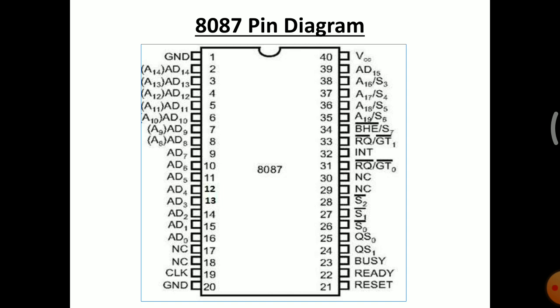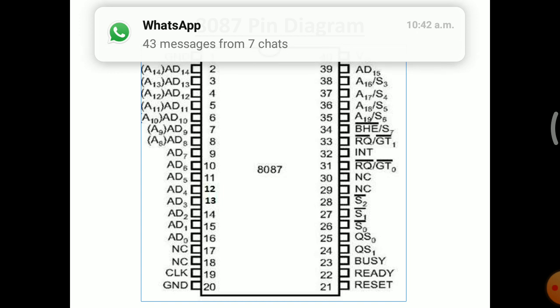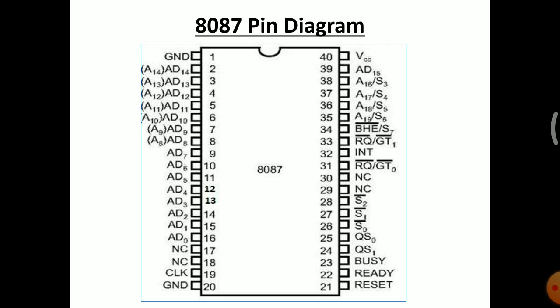Pins AD0 to AD15, these 16 pins will be used for carrying the address and data. Pin numbers 38, 37, 36, 35 are multiplexed with status pins S3, S4, S5, S6, time multiplexed with A16, A17, A18 and A19.